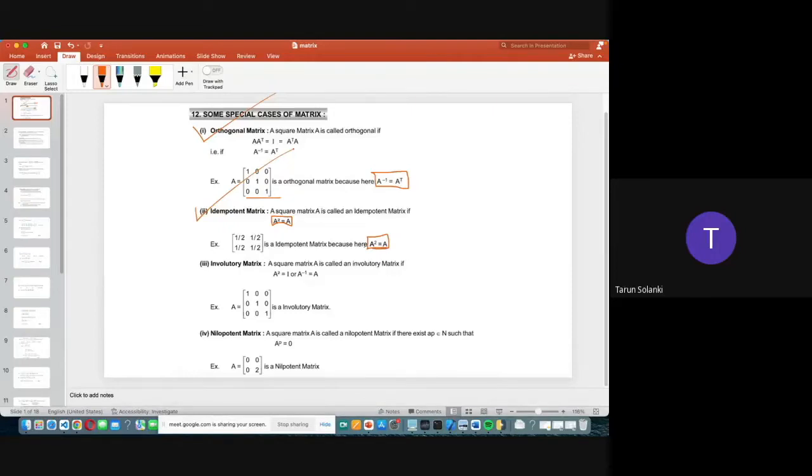First, A inverse is equal to A transpose. Second, A square is equal to A. So these are two special cases. Now the third one is A square is equal to I, or A inverse is equal to A.